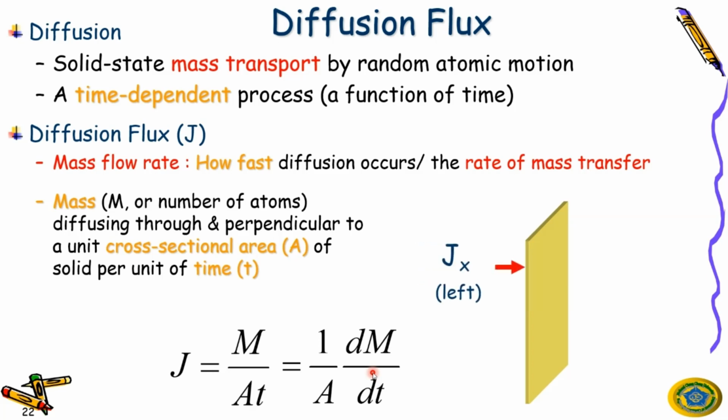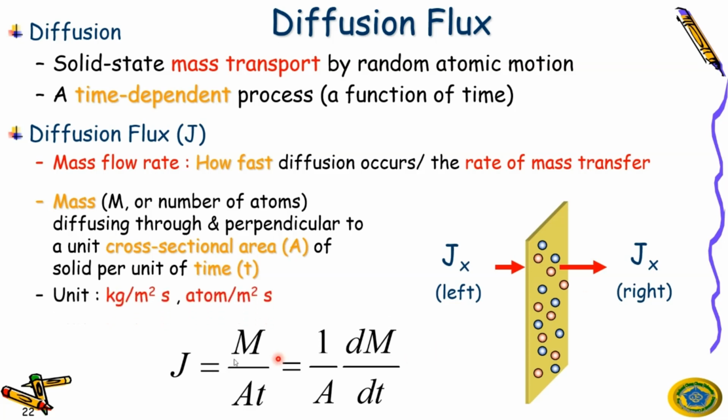So Jx left, atoms went from left to the right in solid form, and Jx right. So this is the flux. The unit can be kilogram per square meter times time, or atoms per square meter times time.